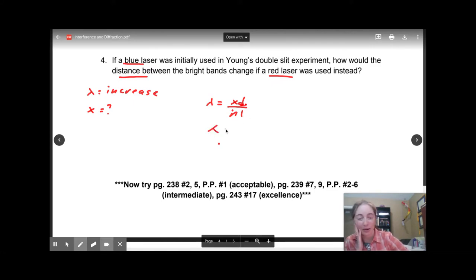So our lambda is going to be directly proportionate to x. Awesome, hey? Because they're directly proportionate, if we increase lambda, then we are going to increase x. Okay, so we have finally finished this video as far as the science goes.